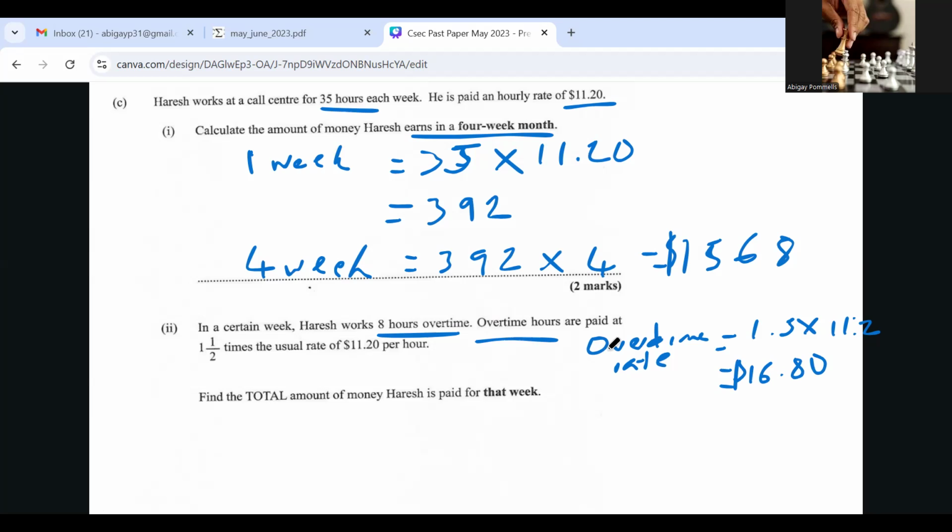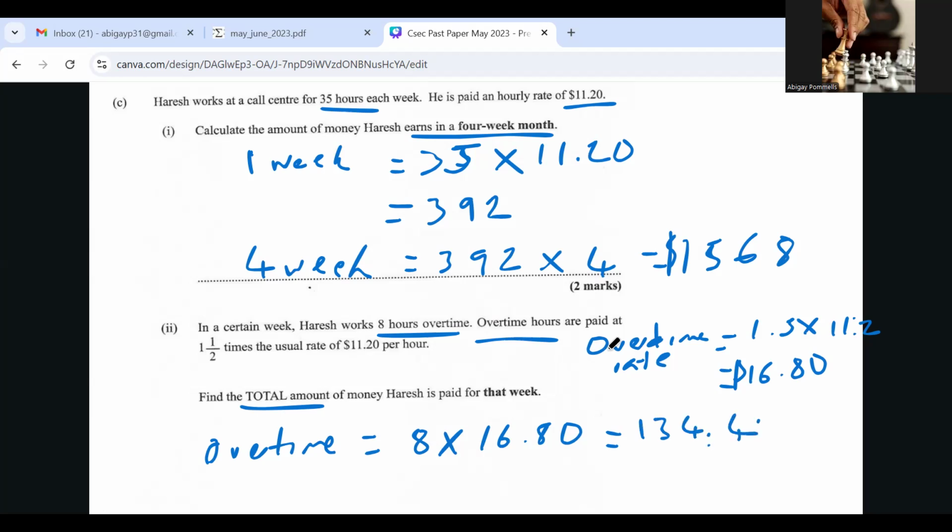Then it says to find the total. So overtime will be 8 times 16.80, which will give you 134.40.